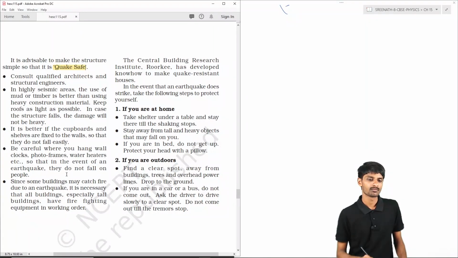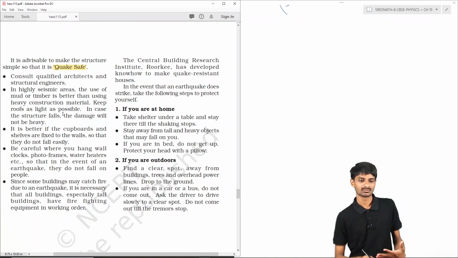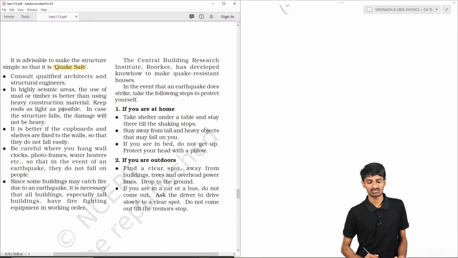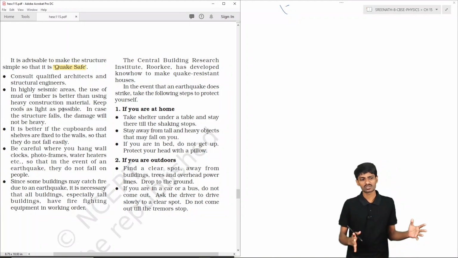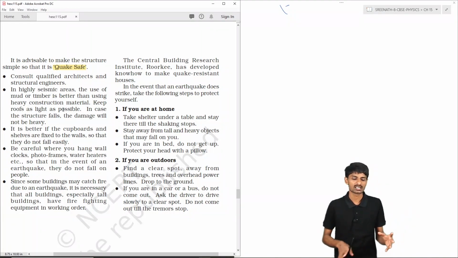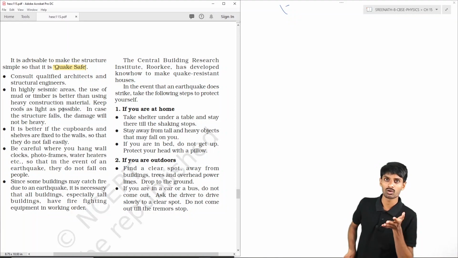And in highly seismic areas, use mud or timber. It is better to avoid heavy cement construction, so that if it falls on you it will not affect you much, and you can easily rebuild it.